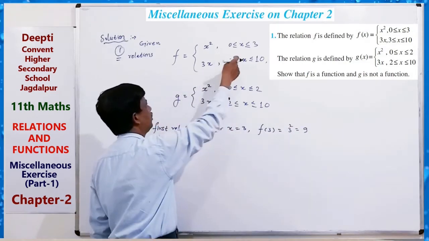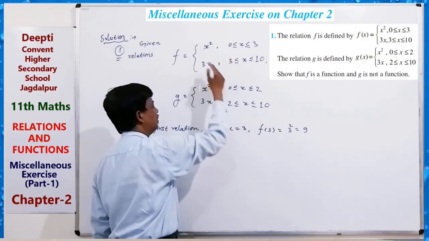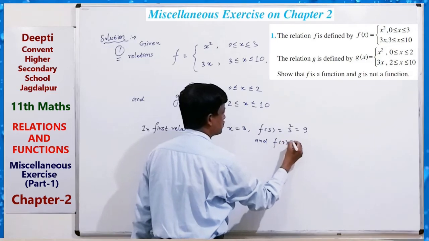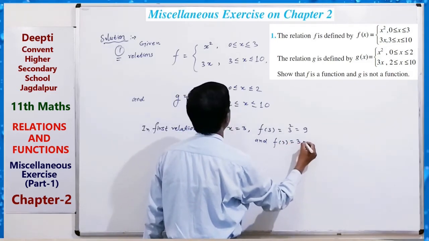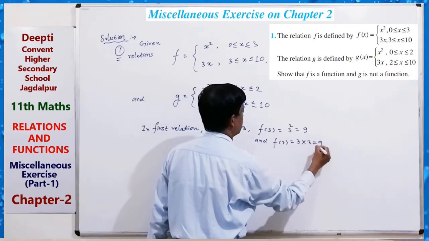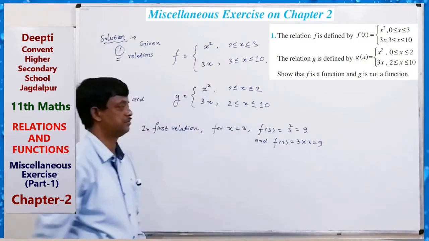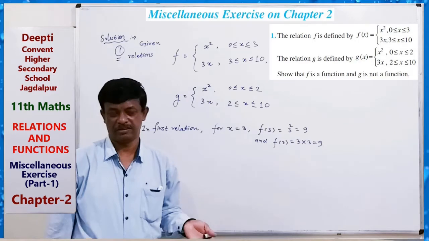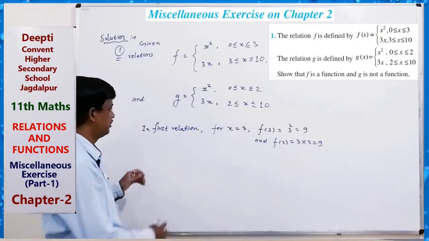And also for x equal to 3, f(3) equals 3 into 3 equals 9 from this place. Both places: 3 is connected to 9, a unique element.